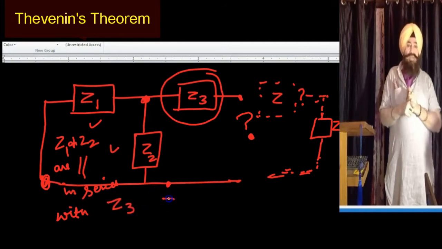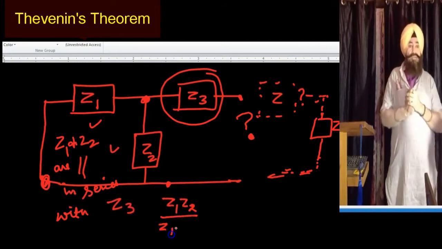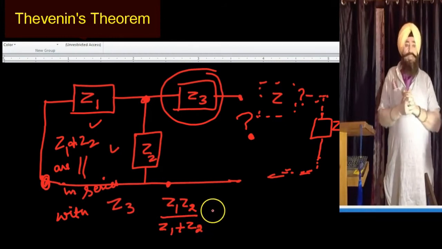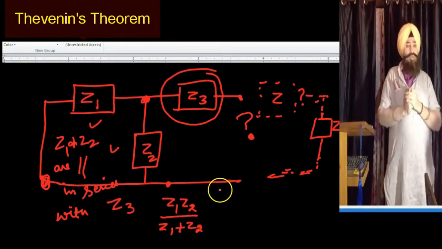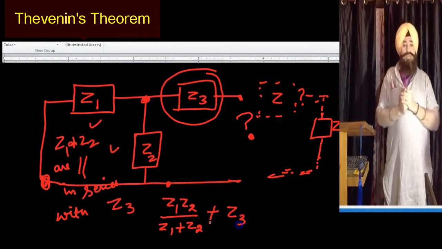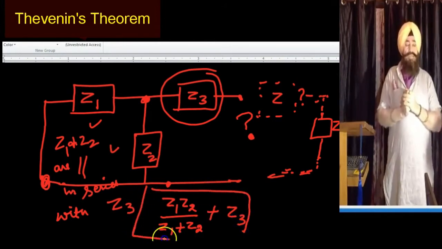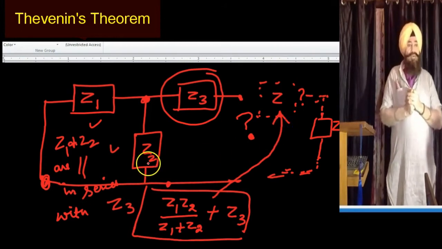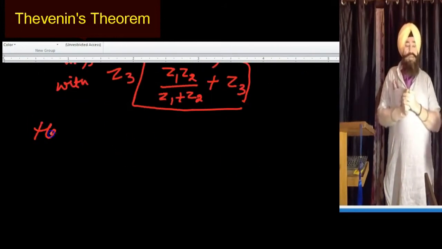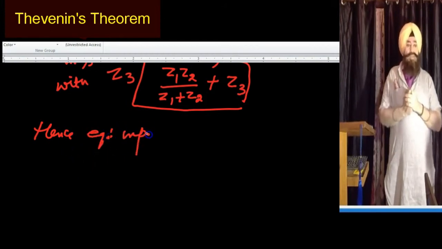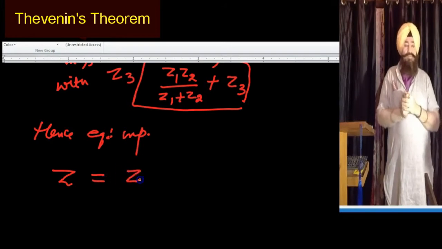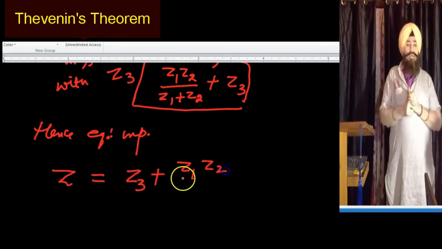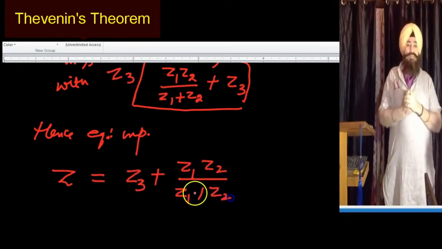That becomes the value of Z. So Z1, Z2 parallel combination is Z1 Z2 upon Z1 plus Z2. This is a parallel combination. Now because it is in series with Z3, this is the value of the Z, which is required for the Thevenin equivalent circuit. Now the Thevenin equivalent circuit is complete. We know the equivalent impedance for Thevenin network.